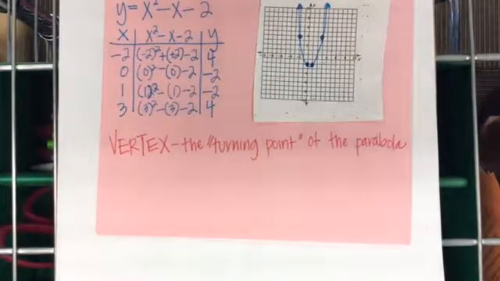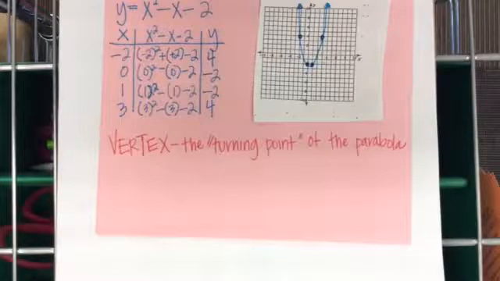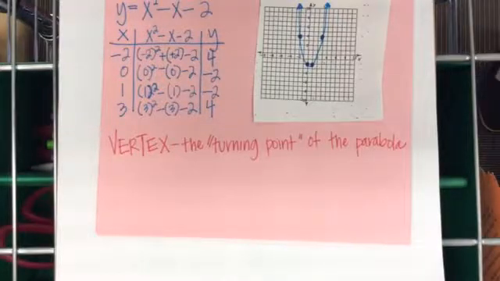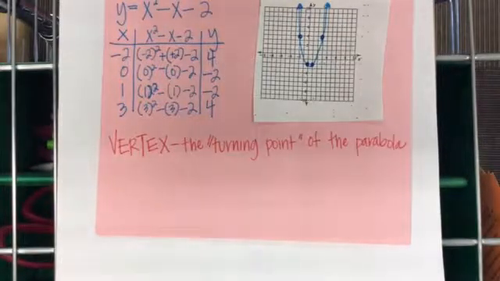The vertex is the turning point. Where does it turn? And in this problem, I had to estimate it. I had to kind of guess where the turning point was. And we don't want to do that. We do not want to guess where the vertex is, where the turning point is. We must have that in order to make a good graph.